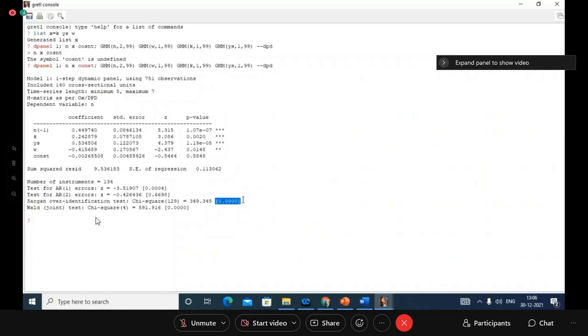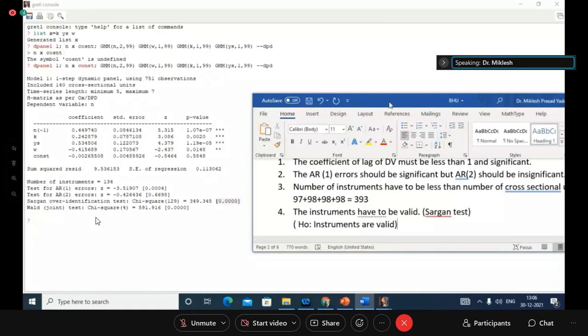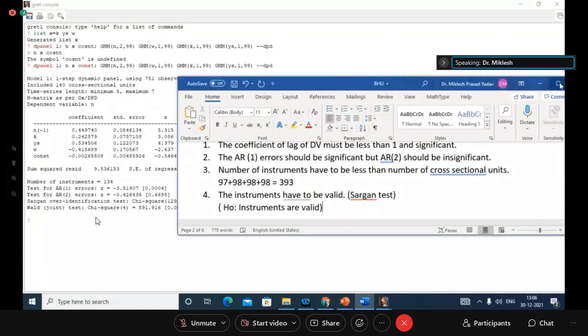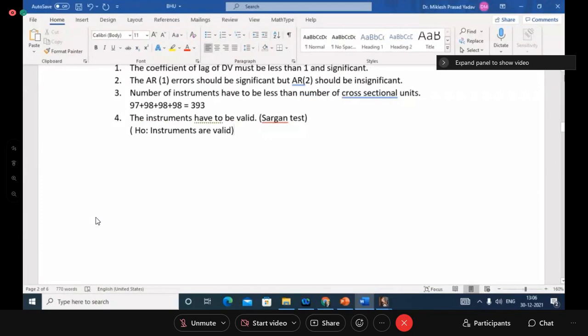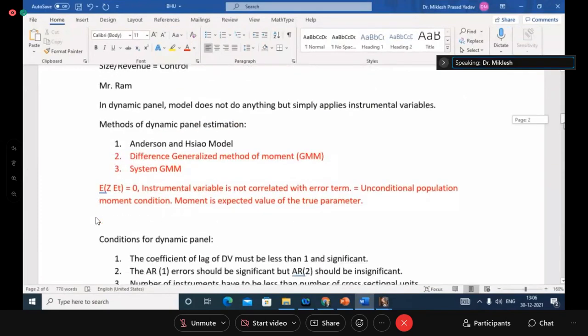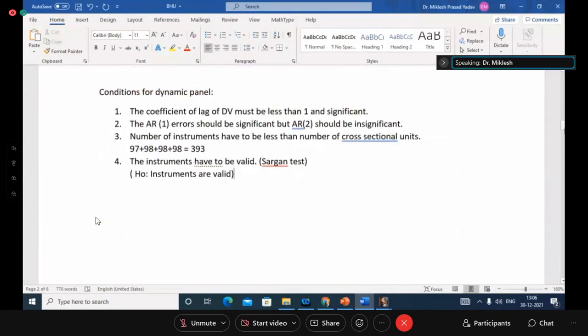So if it is rejected, what should be done? All conditions are matched except this one. Is this good or not? No. All conditions have to be matched. 3 are matching, it's good, but this should also be matched.